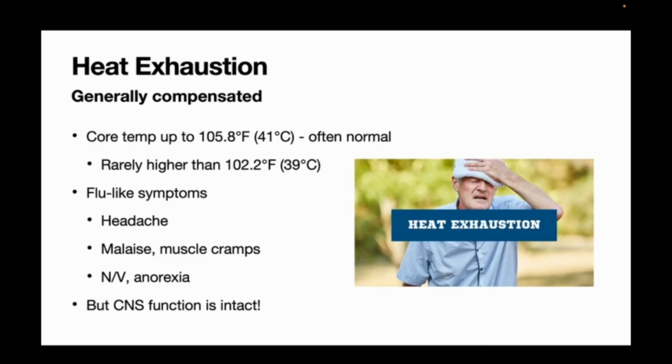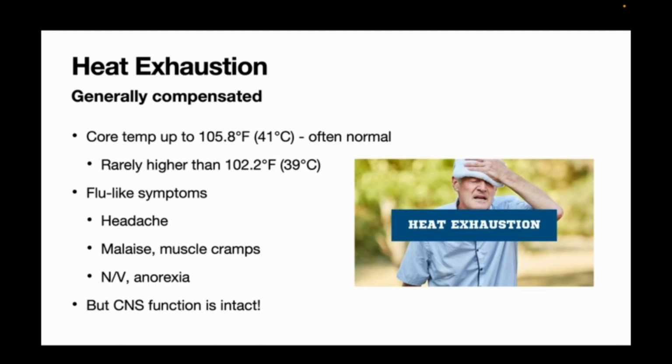That's not abnormal. As I mentioned, it's a spectrum of illness, and there really aren't cutoffs for temperature. You can have significant overlap, although there are problems when you have heat stroke and organ failure and you start failing to compensate and it really gallops forward. That's why talking about these symptoms is fine, but what you really need to remember is CNS function is intact in heat exhaustion.